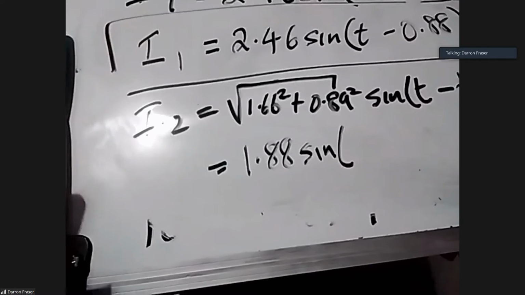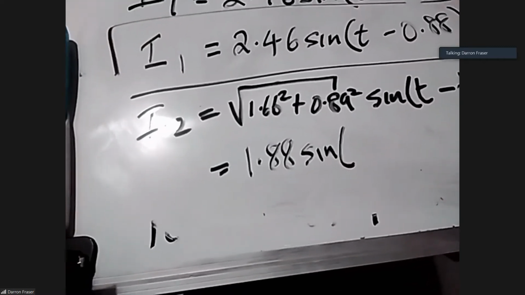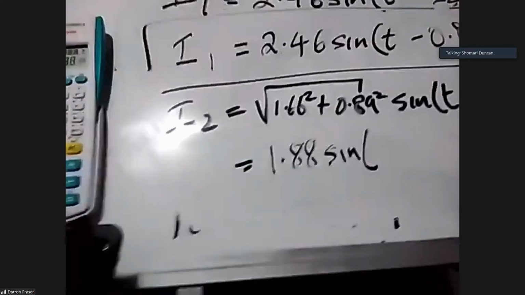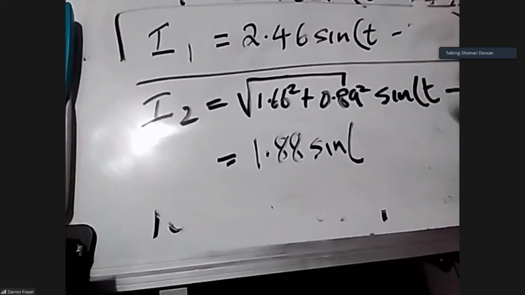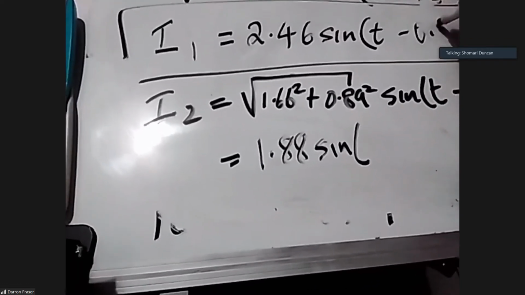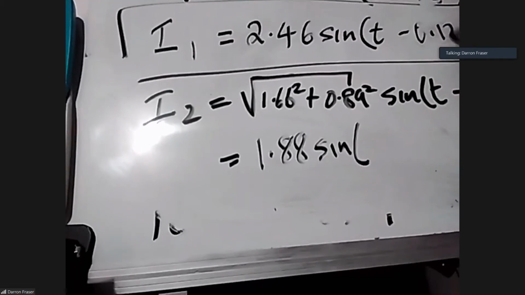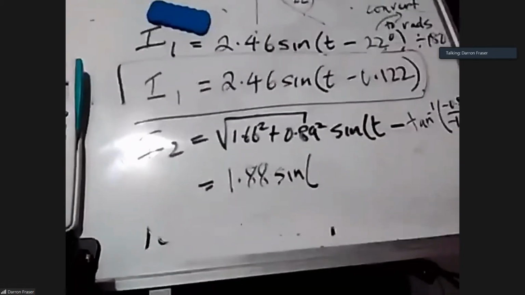Convert it to radians, divide by 180. Get 0.122 repeating. 0.122.